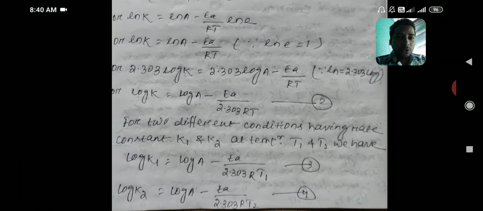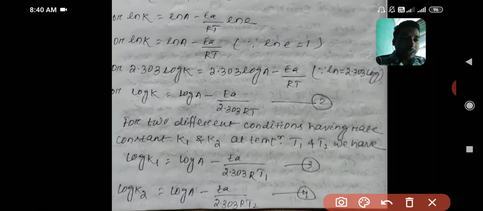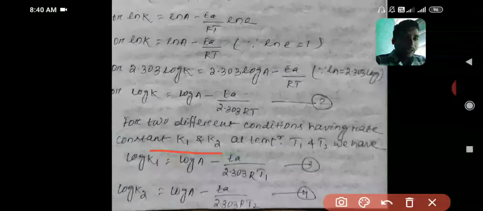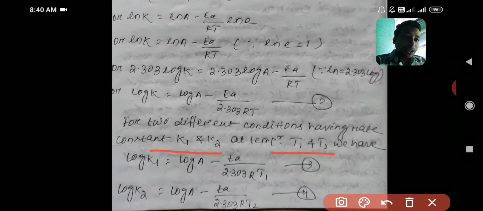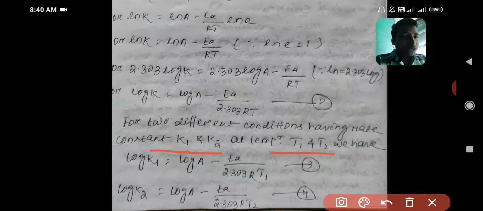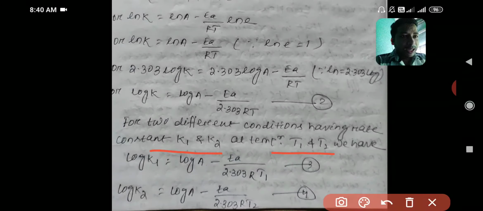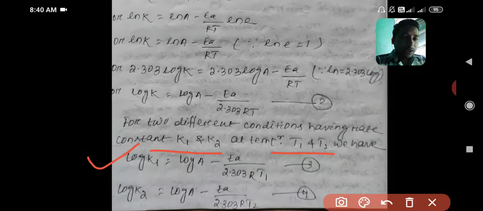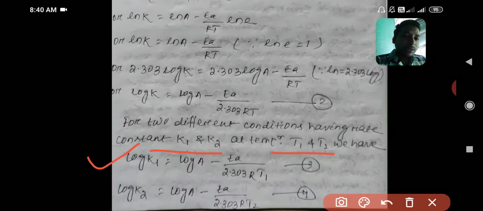So for two different conditions having rate constants k1 and k2 and temperatures T1 and T2, where for the first condition the rate constant is k1 and temperature is T1, and for the second condition the rate constant is k2 and temperature is T2, we can write equation 2 as log k1 is equal to log A minus Ea by 2.303 RT1, because A is a constant and only these two things vary.